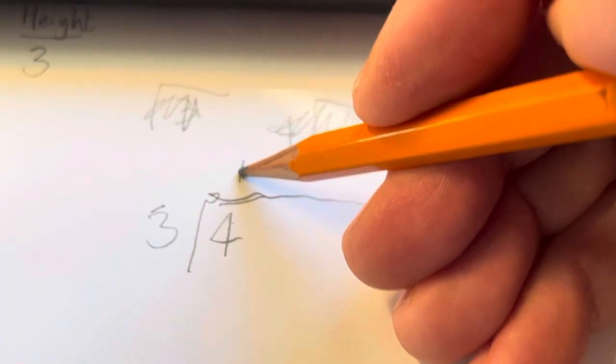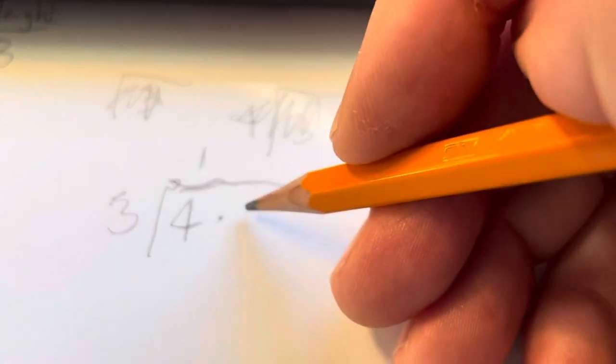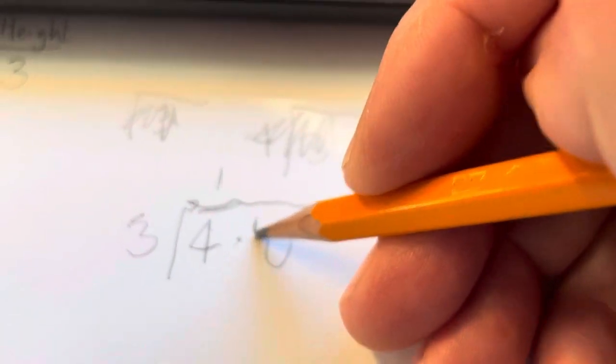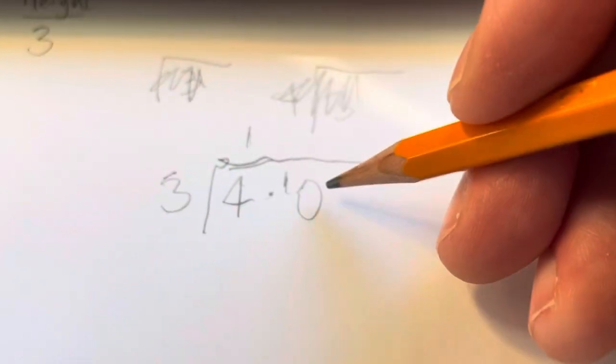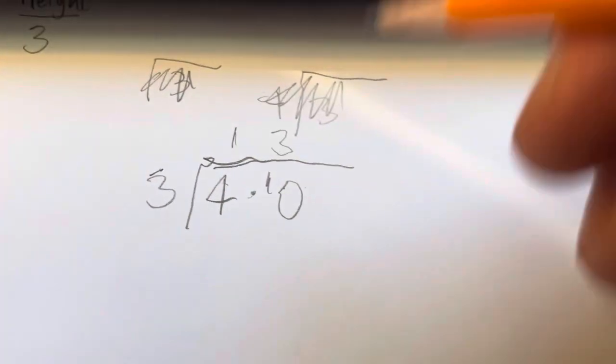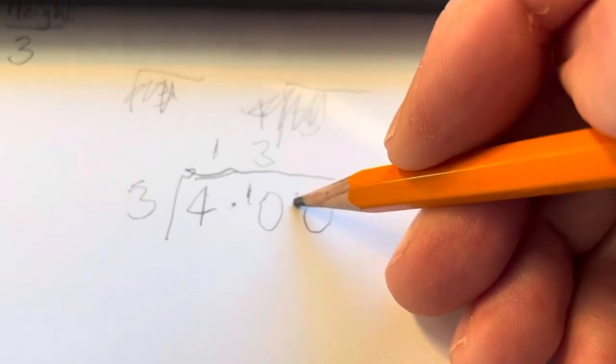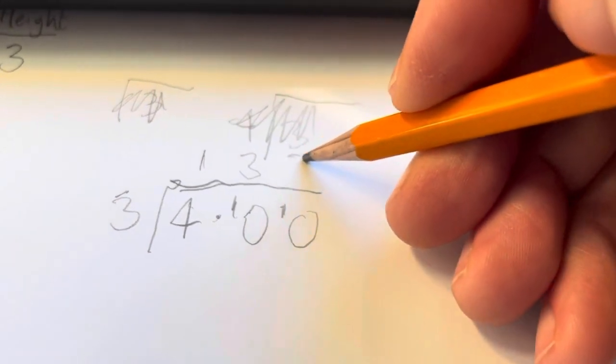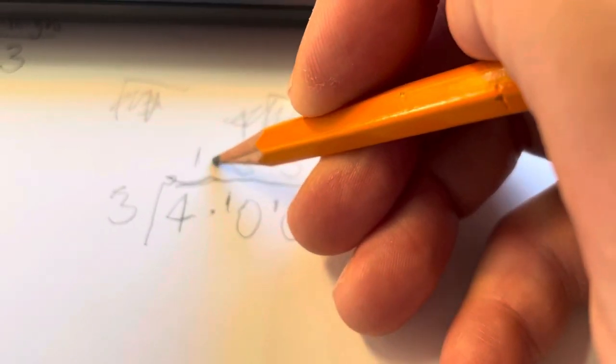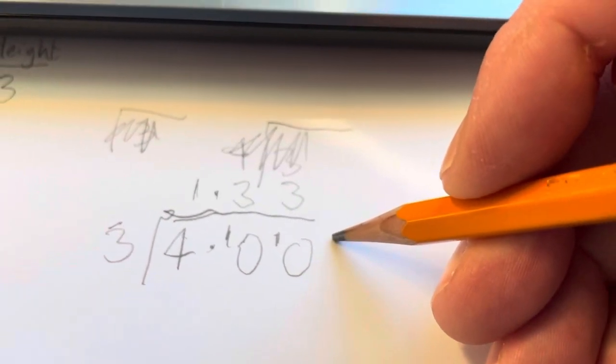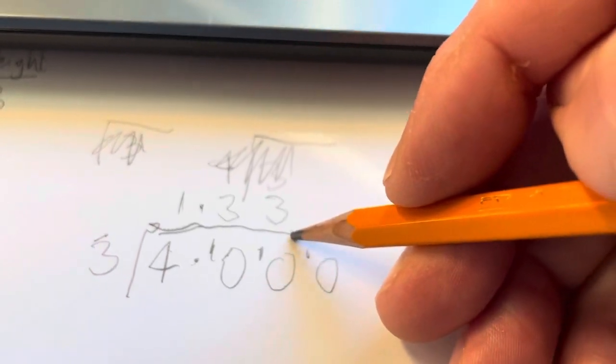Okay, so 4 divided by 3, sorry, this is all a bit scratchy. How many 3's are there in 4? Well, there's 1, and there is 1 left over. How many 3's are there in 10? Well, there are 3 and 1 left over. You're probably going to spot pretty quickly that this is going to turn into a recurring decimal. We could keep going doing this forever, but we're not.